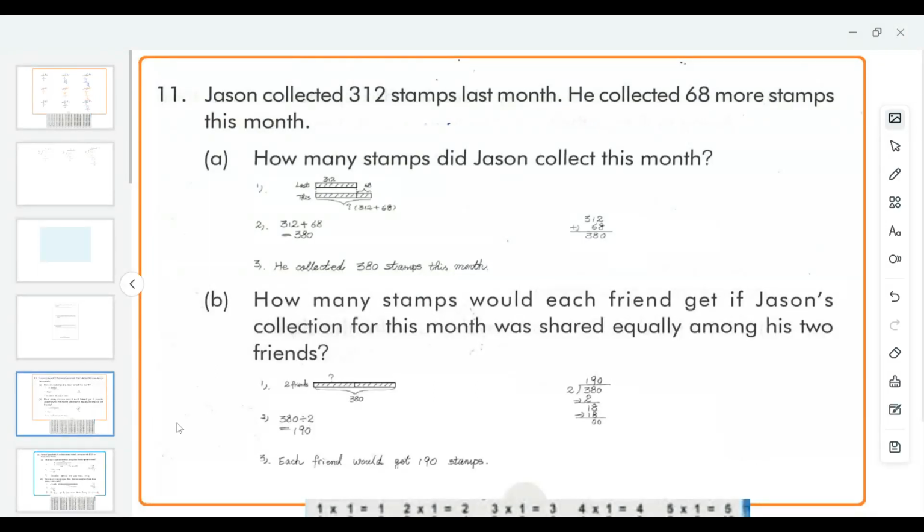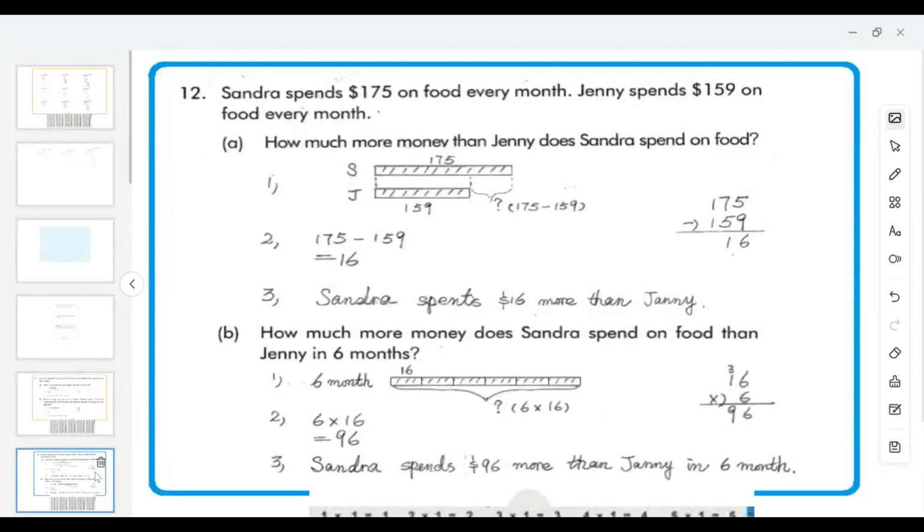Okay, now let's have a look at number 12. Question number 12 is also 2 questions there, A and B, right? Sandra spends $175 on food every month.